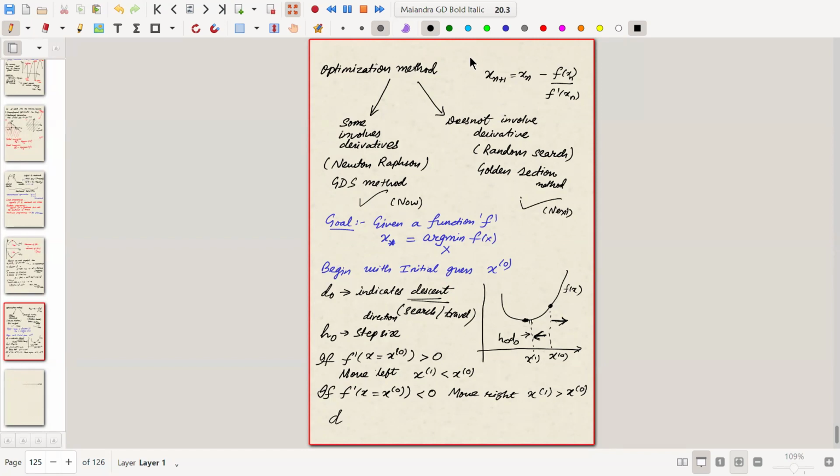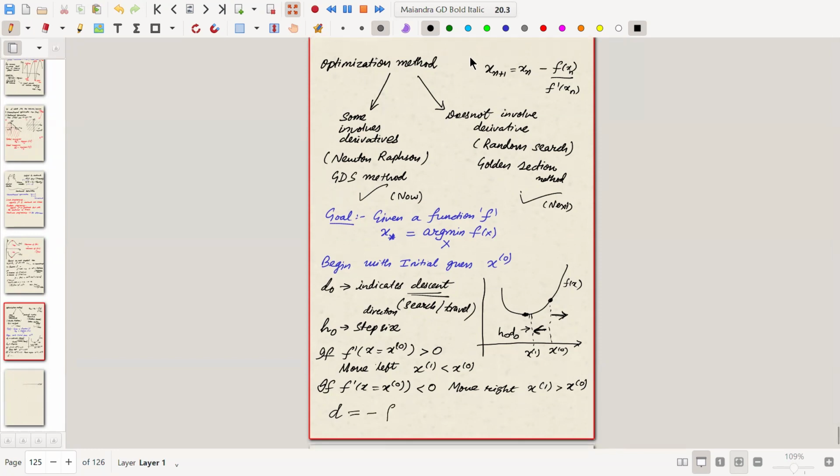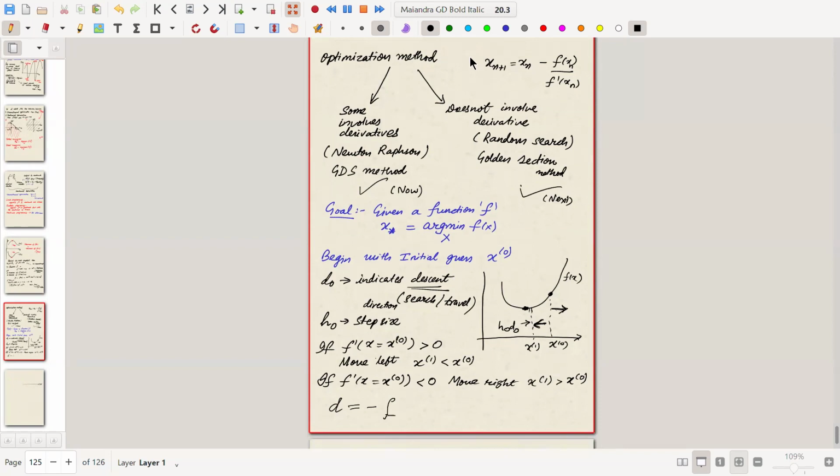So therefore, you can use D to be minus of f prime evaluated at x naught. So you got an idea of the direction where to move.